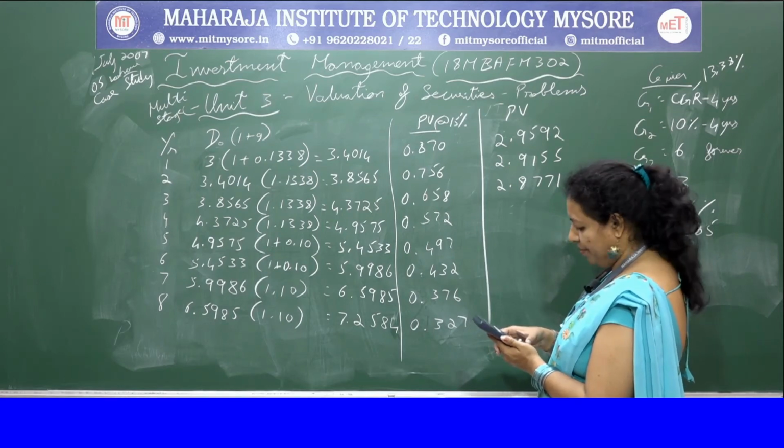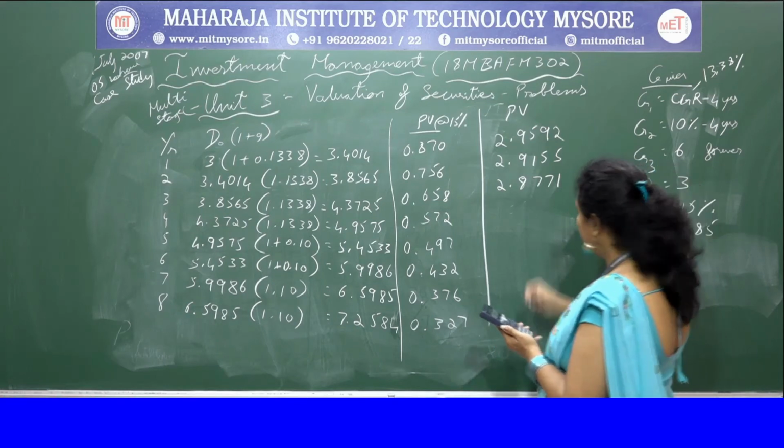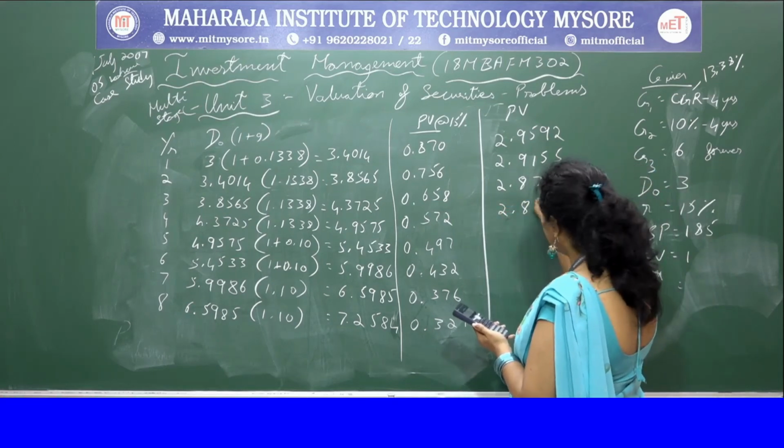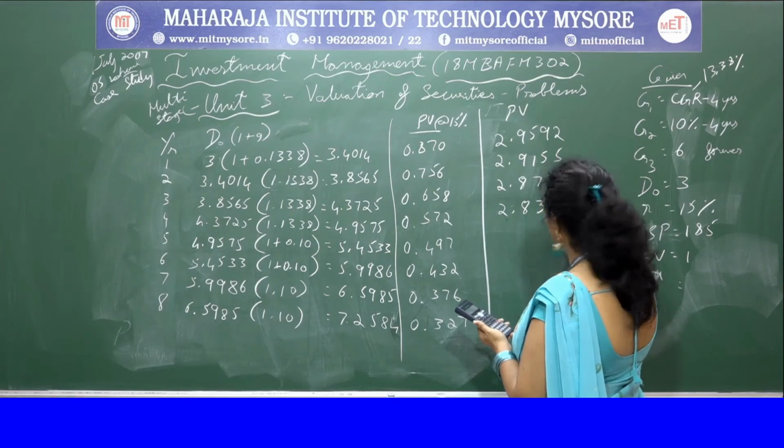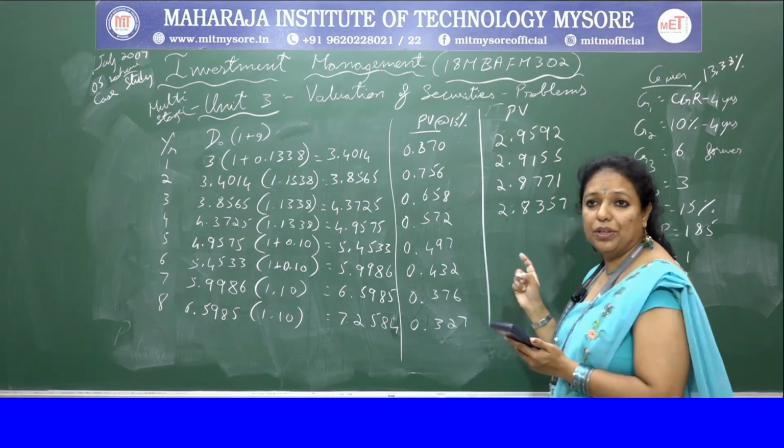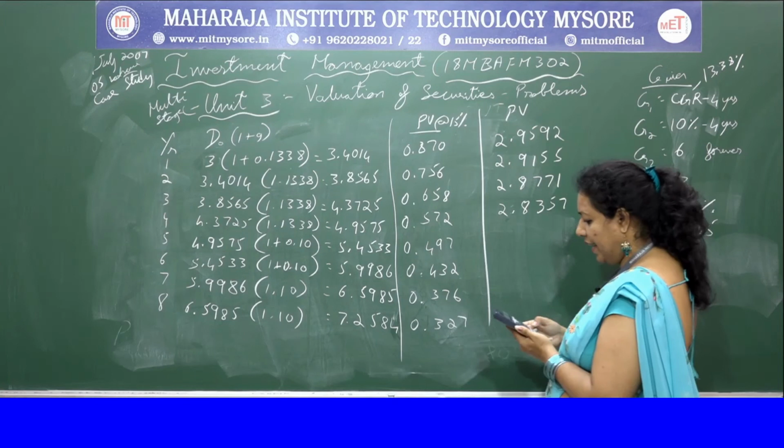4.9575 into 0.572. So you get 2.8357, you can put that.